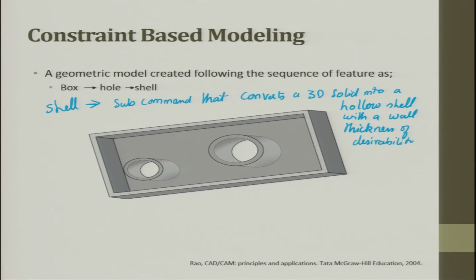Okay, shell, box, then we have a hollow, then we have a shell. Shell is nothing but a subcommand that converts a 3D solid into a hollow shell with a known wall thickness.